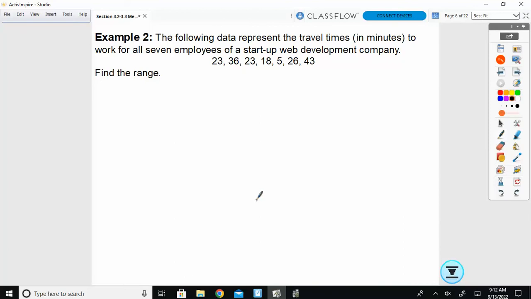So for example, going back to the travel times we had yesterday for those 7 employees, if I wanted the range, what's my highest here? 43 minus my lowest is 5, so we get a range of 38 minutes.